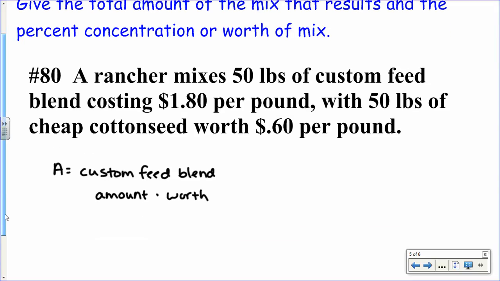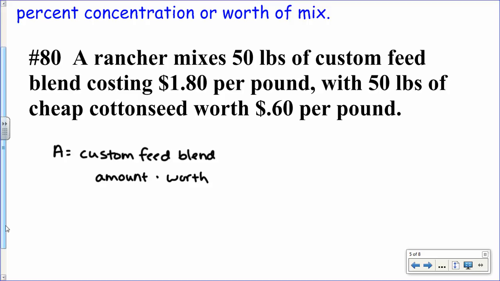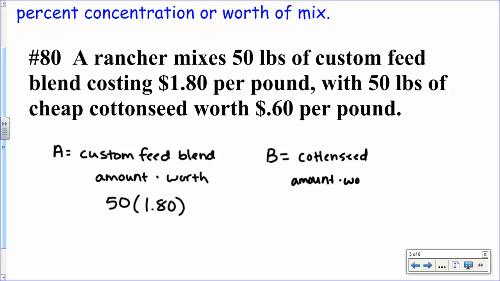So what's the amount of custom feed blend? 50. And the worth? $1.80. Okay? And then B is the cotton seed. The amount is 50 and the worth is 60 cents.